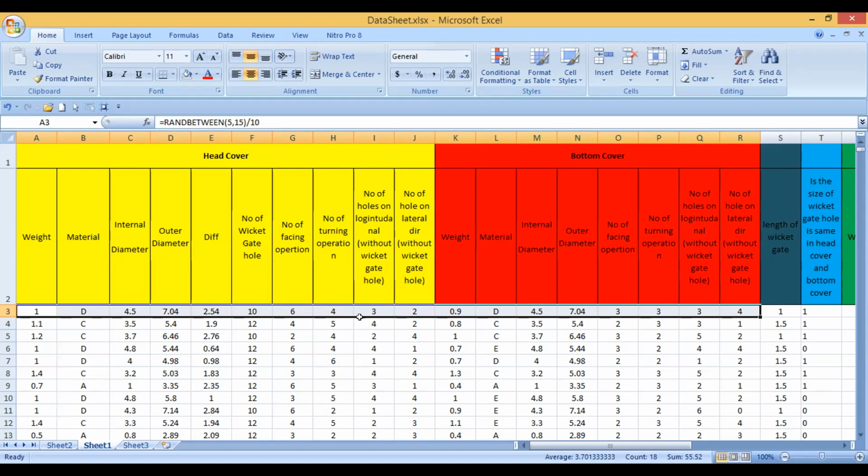I will predict under which cluster this new data set falls. Suppose it comes under the third cluster. Then I will see that in the past, these head covers have taken this amount of time on this particular machine. So it can be easily identified that this amount of time is going to be required.